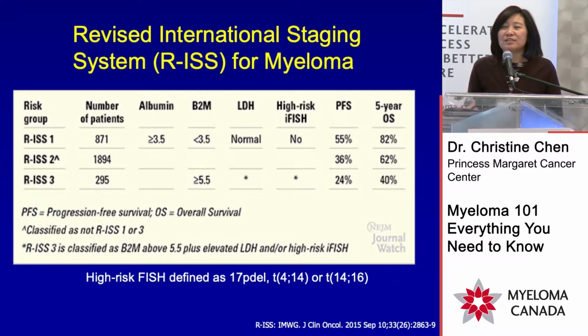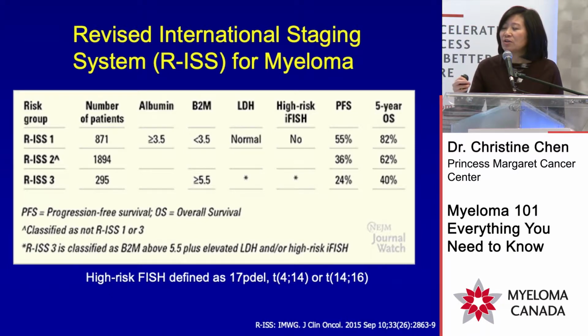People ask a lot about staging of myeloma, and I always have to explain that it's not the same as staging for lung cancer, where if you have it in one spot, that's stage 1, and stage 2 is spreading to other parts of the body. In myeloma, it's a blood cancer, so the cancer is pretty much everywhere in your system because blood goes everywhere. Staging for us is really using a variety of different blood tests in conjunction with your genetic abnormalities.